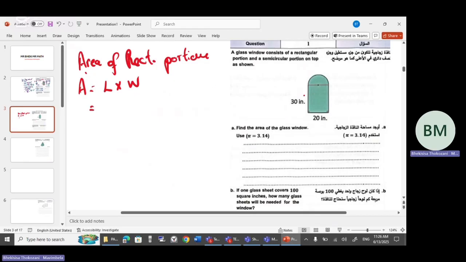So always remember on your rectangular, this part here, that's your rectangular part. So the longer side is your L and the shorter side is your W. So you have 30 multiplied by 20, right?